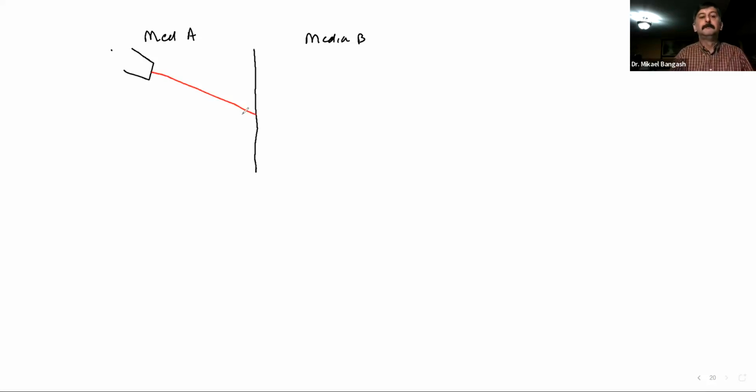Oblique incidence. And let's just do it this way. So the other example is going to be again media A, media B, again here.